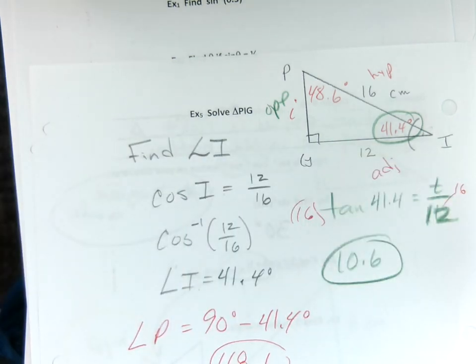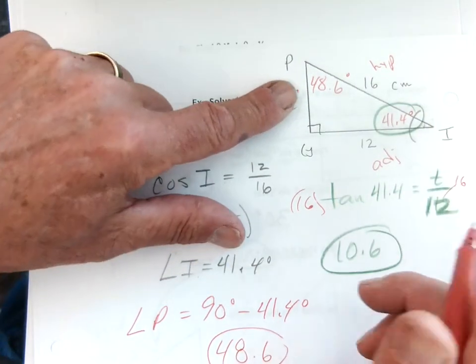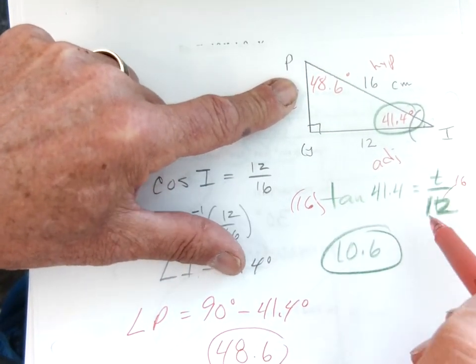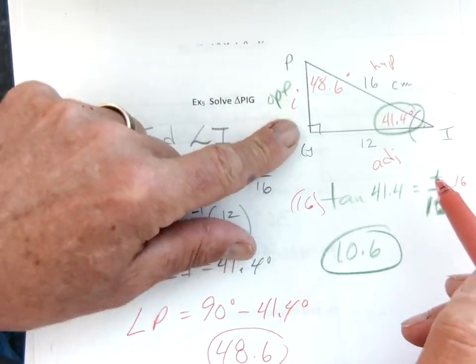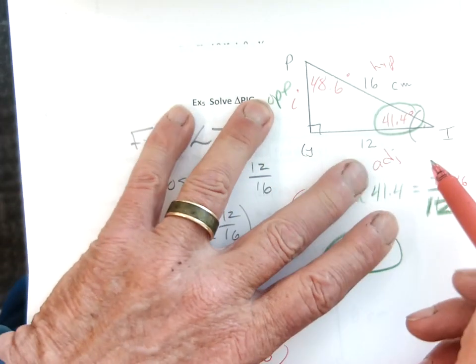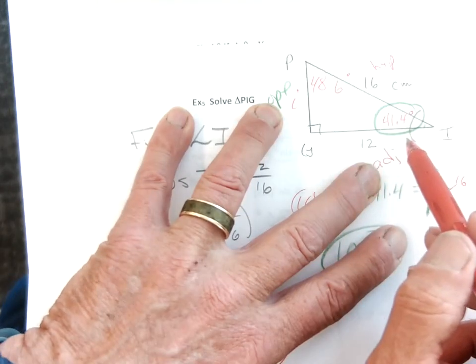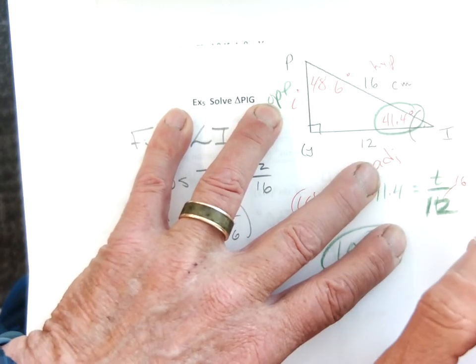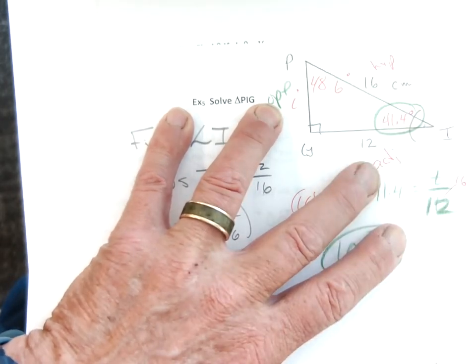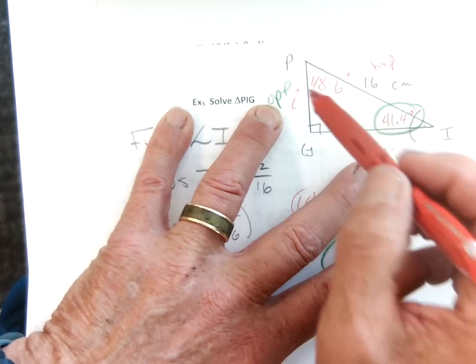Awesome. Okay. Now, if we want to find the other side, the opposite of angle I, we chose to use opposite and adjacent. So we chose to use tangent. You could use sine or cosine. You could even use the Pythagorean theorem. My class just chose to do the opposite over the adjacent.